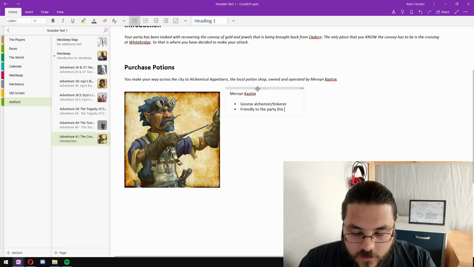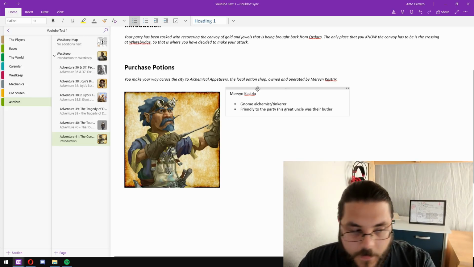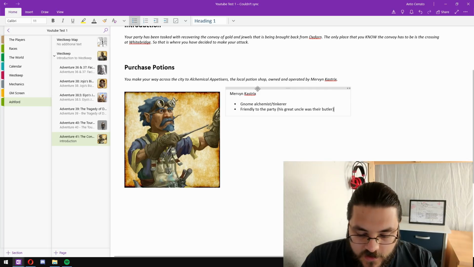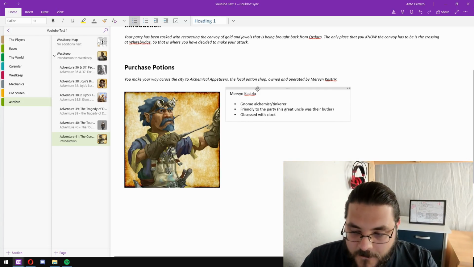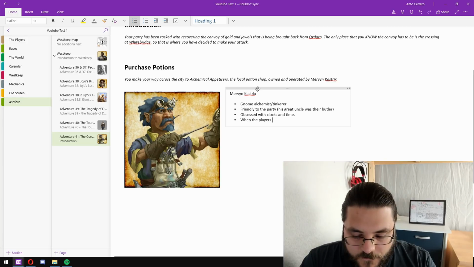His uncle, or his great uncle, was their butler in another city. I know that he's obsessed with clocks and time, and that when the players arrive, he will be working on a pocket watch.